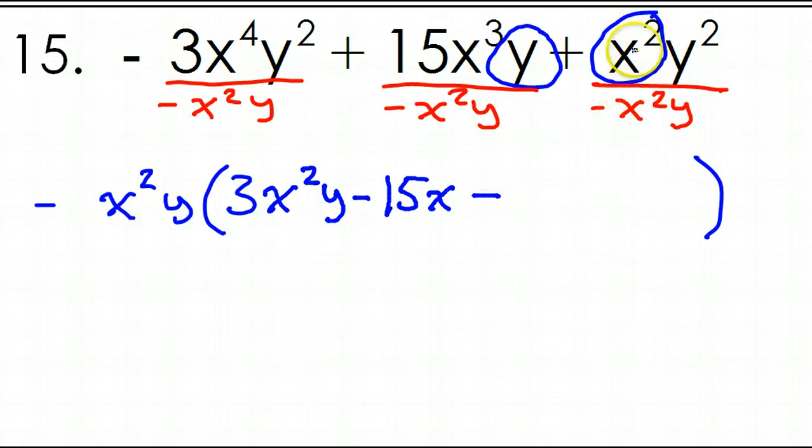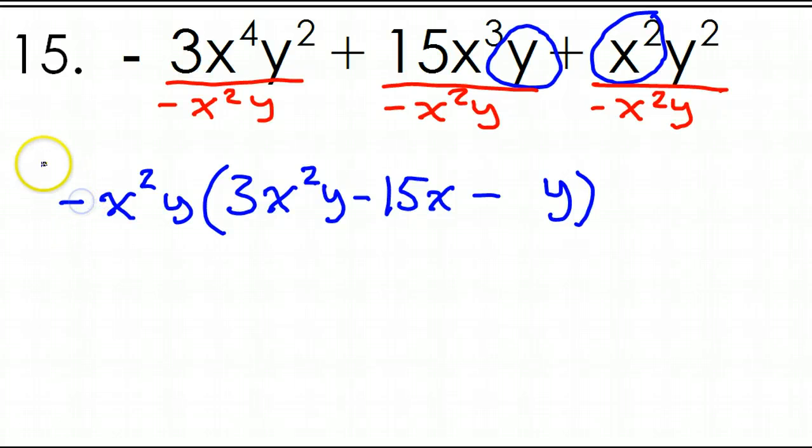These two x's cancel each other out, and this y cancels out one of these y's, so I will just have y. So let me tighten this up a bit. And that's it. There's nothing I can do with this as far as factoring further. So this is going to be the final answer.